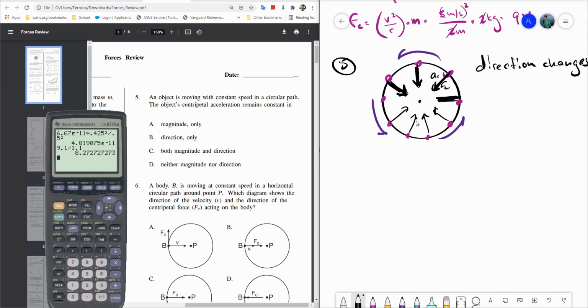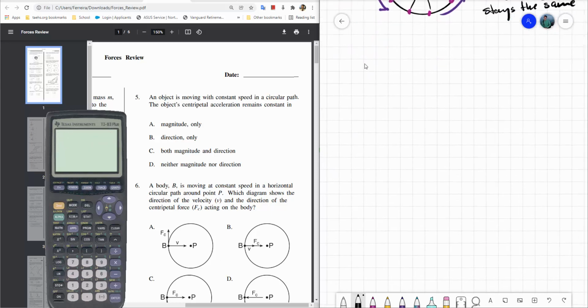However, the magnitude, or the size of the arrow, stays the same. So the answer is A, magnitude only.